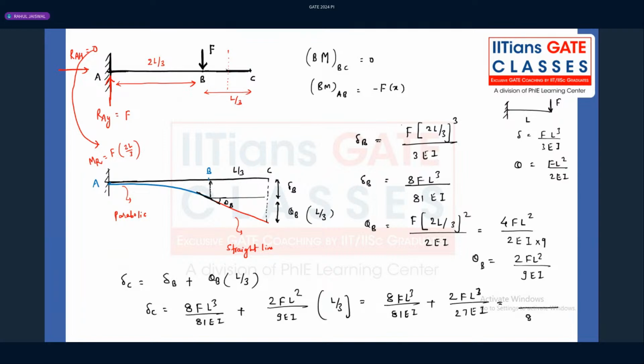If we take the common denominator, the LCM is 81EI, and the numerator is 14FL cube, right? And this deflection will be in the downward direction. So that is the answer: the deflection at point C will be 14FL cube over 81EI.